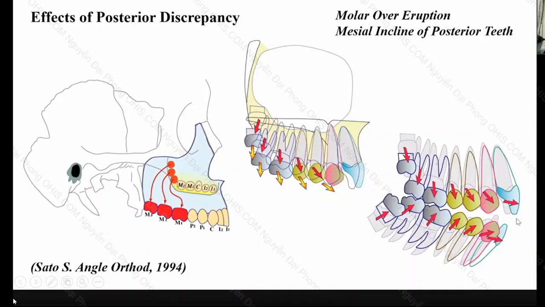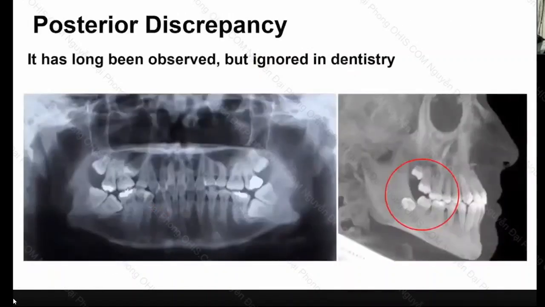Not only this, but also the buccal segment is pushed forward, then inclined forward. And this is also a big problem. So anyway, this is the modern human problem. Evolutionarily, we have a problem here. So we have to consider this posterior discrepancy.